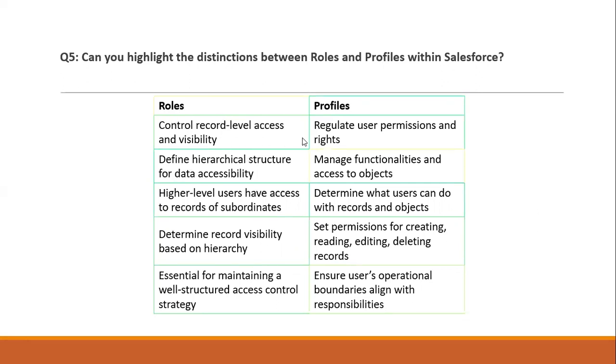Role: controls record-level access and visibility, defines hierarchical structure for data access. Higher-level users have access to records of subordinates. It determines record visibility based on the hierarchy, maintaining a well-structured access control strategy. Profile: defines user permissions and rights, manages functionality and access to objects, determines what users can do with records and objects, and sets permissions for creating, reading, editing, and deleting records.